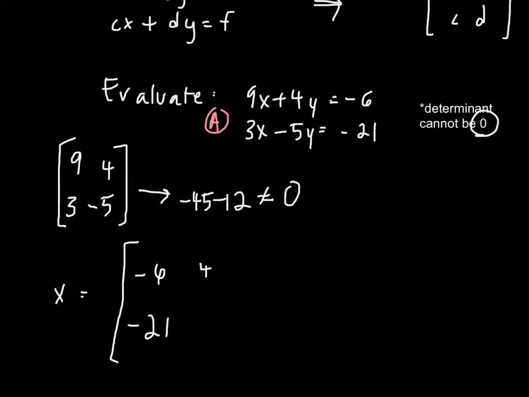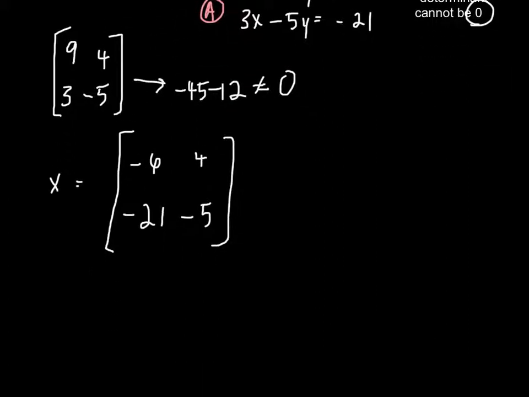So 4, negative 5. Next, to get our x value, we're going to divide by our determinant value. We didn't actually solve it, but this was negative 57. So we're going to divide this by negative 57.